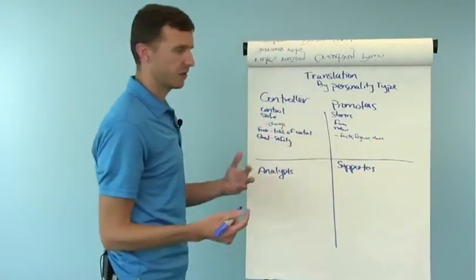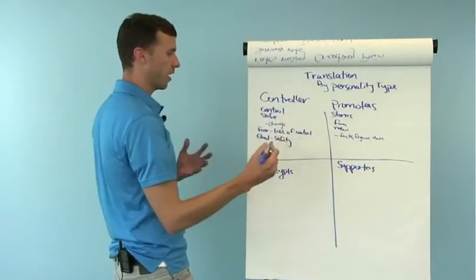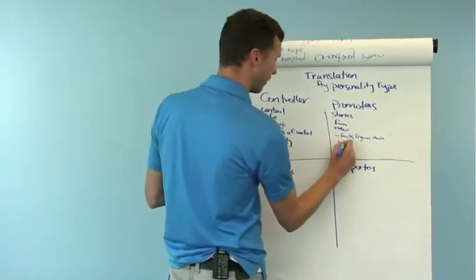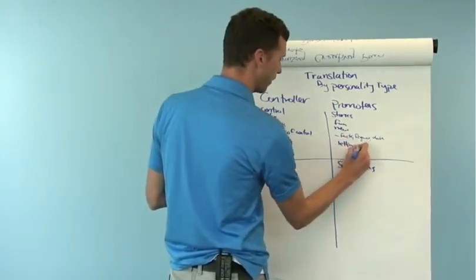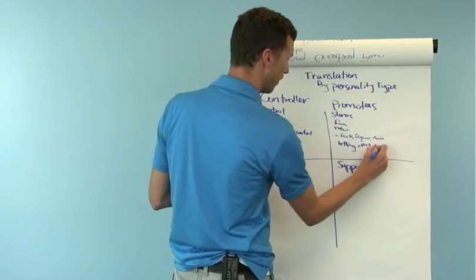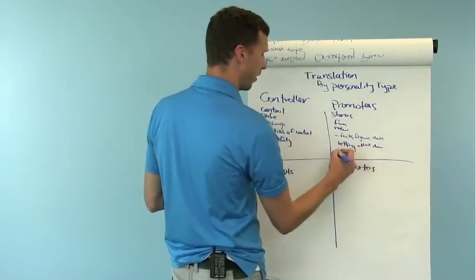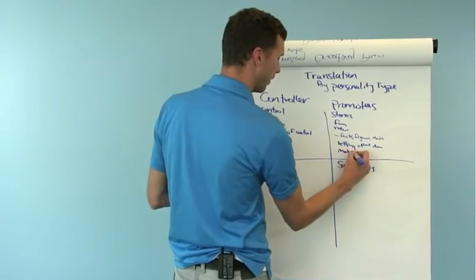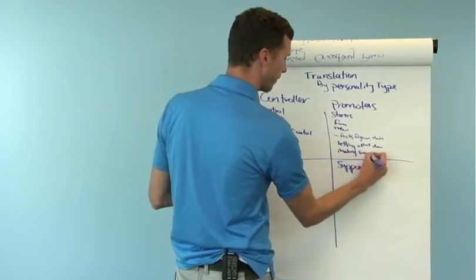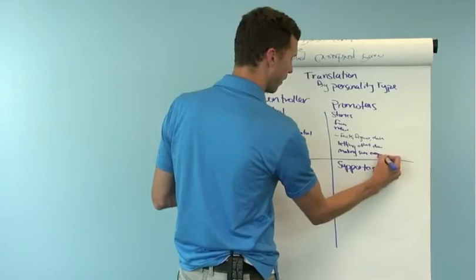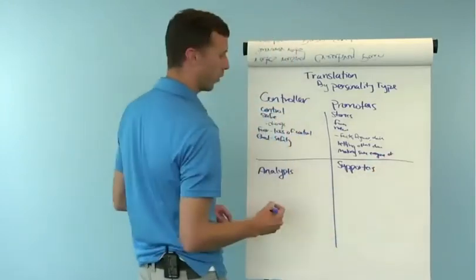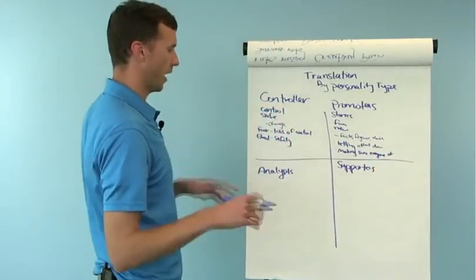I'm a promoter, so it's easier for me to do that. But anyways, we just don't like that. What's our number one fear? Letting others down. Hate letting others down. And our goal is making sure everyone's okay. Very important to us. Make sure everyone's okay. All the time.